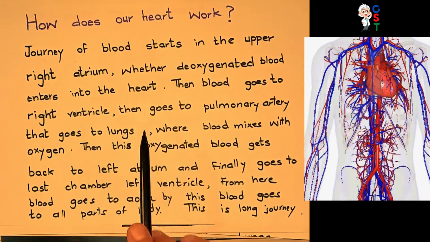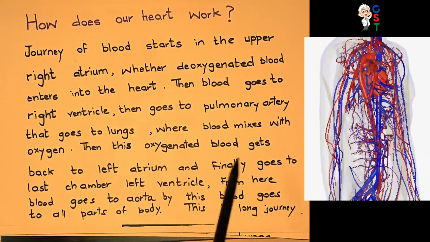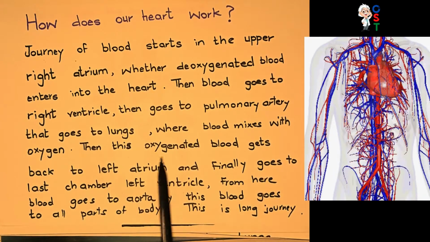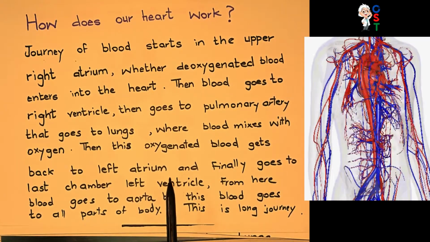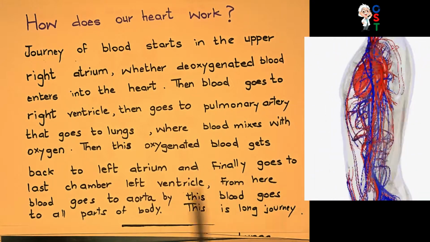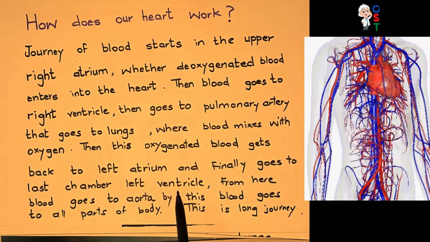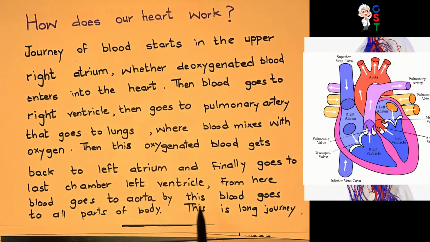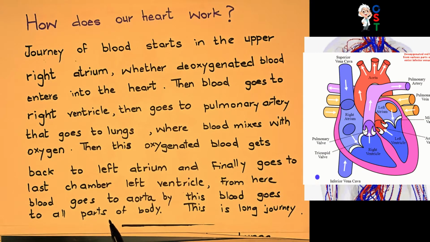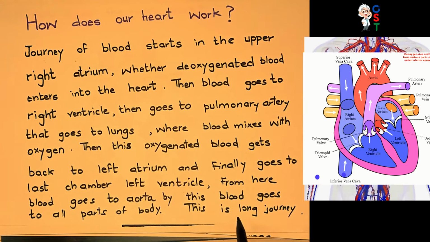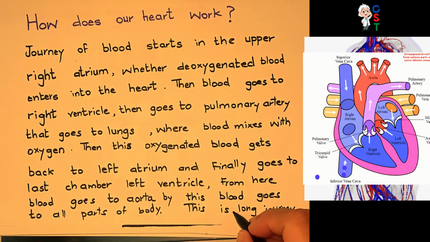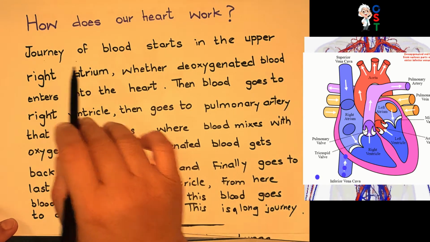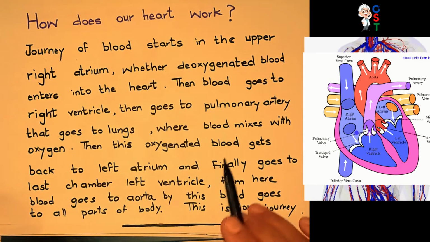It becomes oxygenated, and this oxygenated blood goes back to the left atrium, and then finally to the last chamber, the left ventricle. From here, blood goes to the aorta. By this, blood goes to all parts of the body. This is a long journey that starts from the right atrium and ends at the aorta.